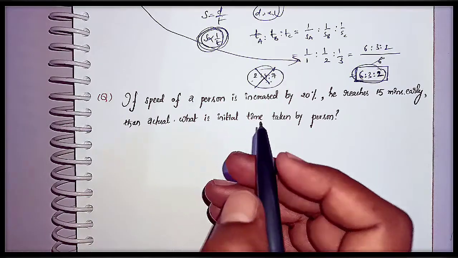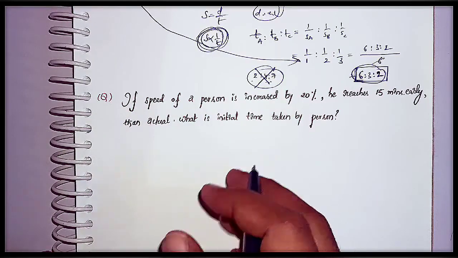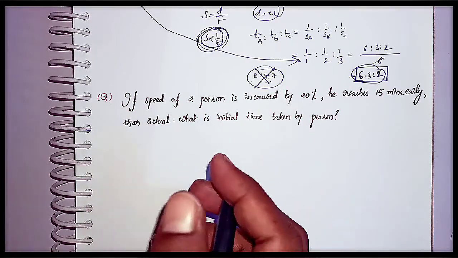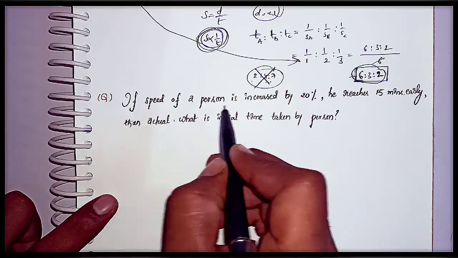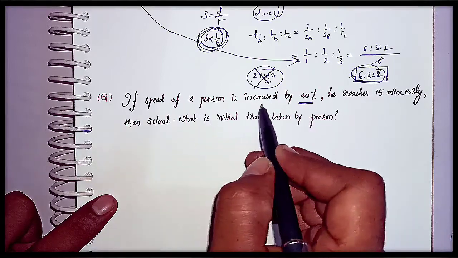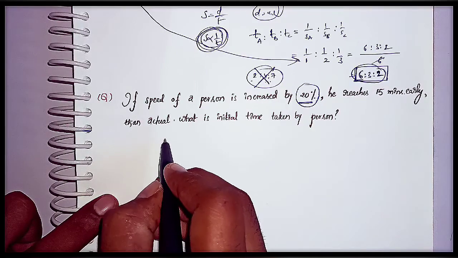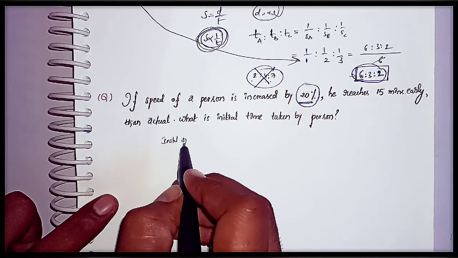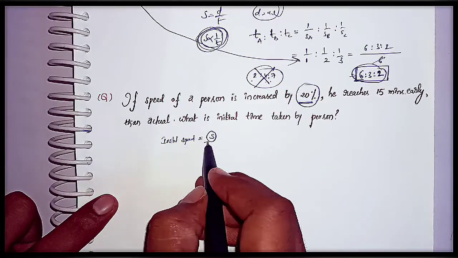And the next question is a most important and simple tricky question. This question can be solved within 5 seconds only. If you see, you can directly solve it within 5 seconds, but only if you practice a larger number of questions can you solve it within 5 seconds. If you see the question here: the speed of a person is increased by 20%. That means the initial speed of the person is s.